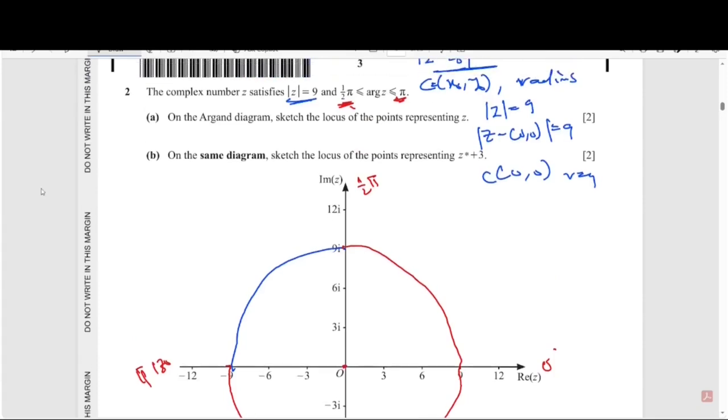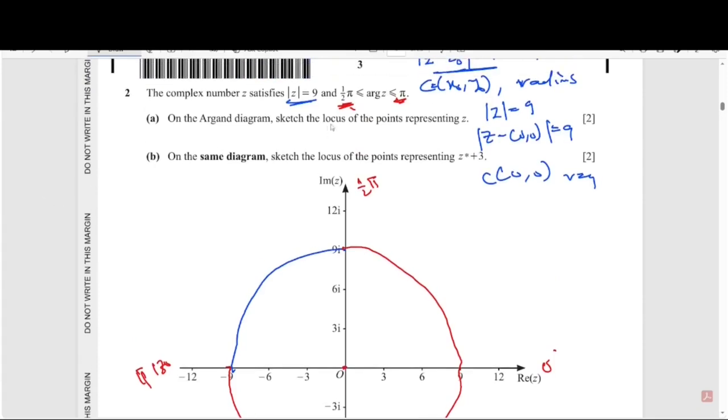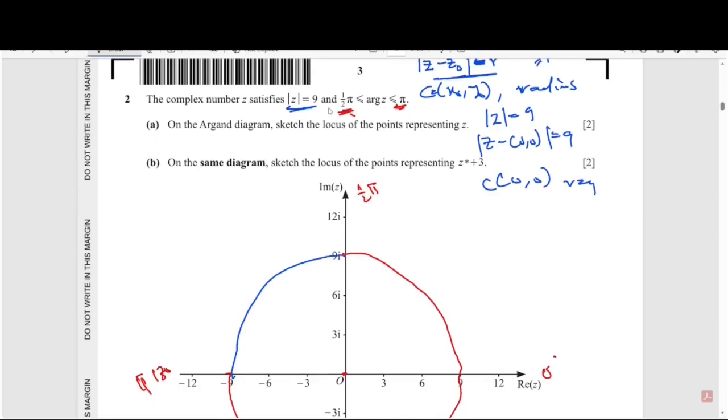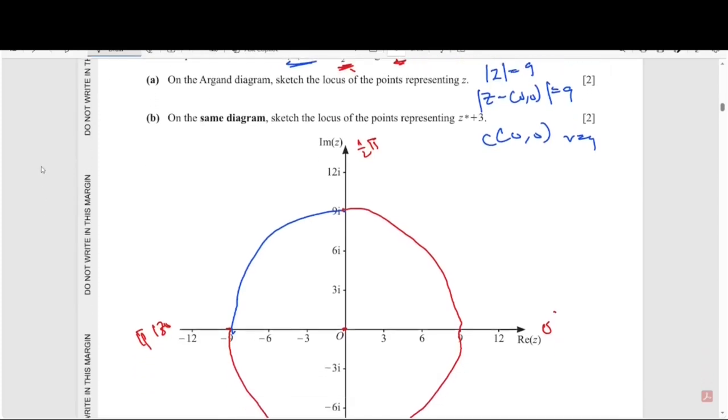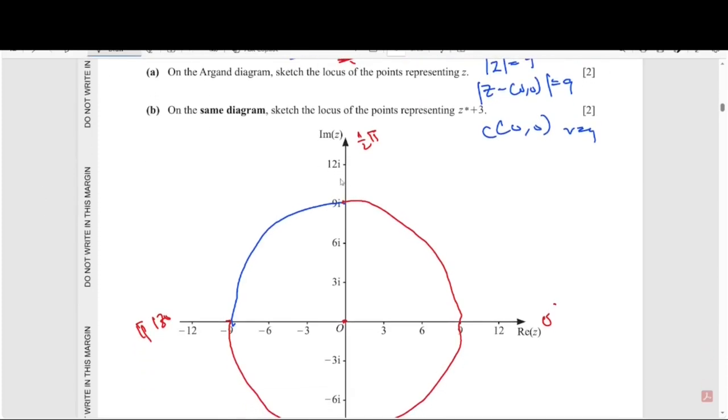So if you are looking for all complex numbers whose arguments lie between half pi and pi, that means you're looking for all complex numbers in the second quadrant, because that's where you find those complex numbers. And because it is less than or equal to, it means that the axes are included. So we are looking for all complex numbers over here in this second quadrant, everything shaded, right?